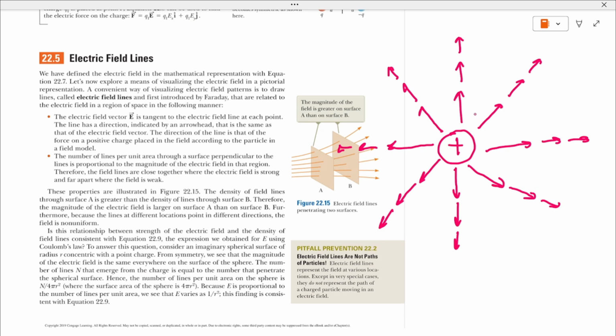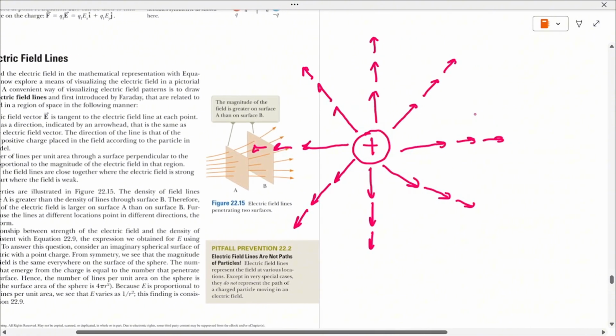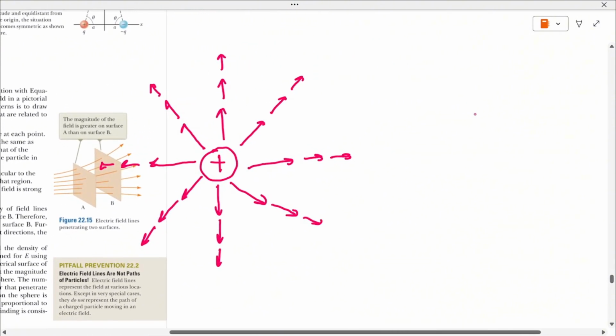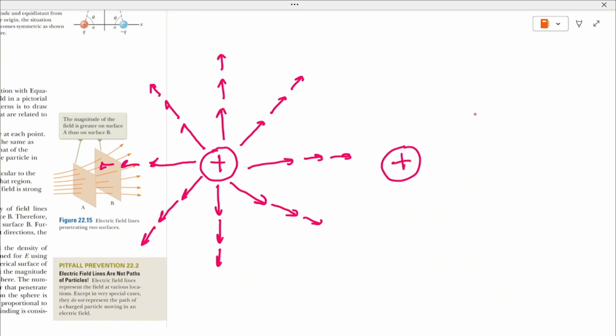So now that I have that drawn, instead of just drawing an infinite number of arrows like this, what we do is we draw a few long arrows. And well, you might say, what about the magnitude from the length of the arrows?